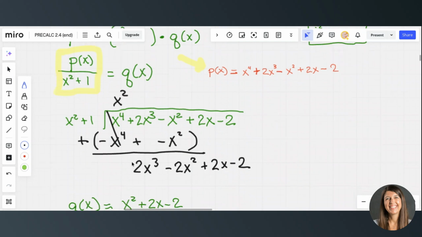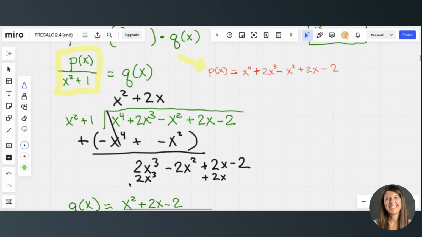I look at my term here, and I'm going to say, well, x squared times what is 2x cubed? So it's going to be 2x, because 2x times x squared is 2x cubed. I better write smaller because I'm going to run out of space. And then 2x times 1 is plus 2x.